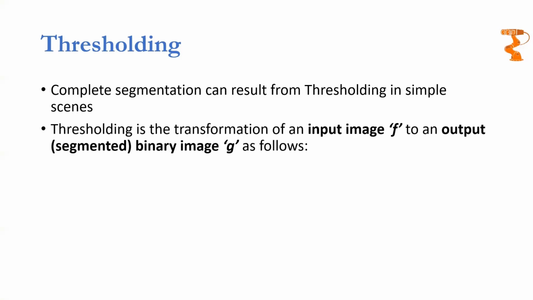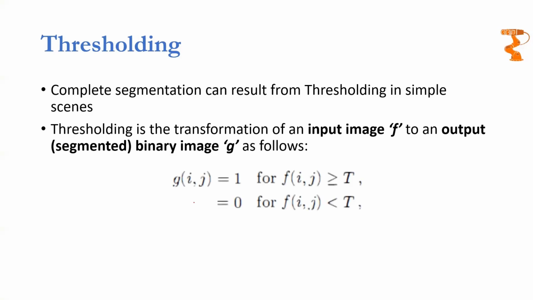If I formally put thresholding over here, then for all the pixels F(i,j) having a brightness value greater than threshold t, you will assign them 1, and all the pixels having a brightness value less than the threshold t, you will assign them a 0.